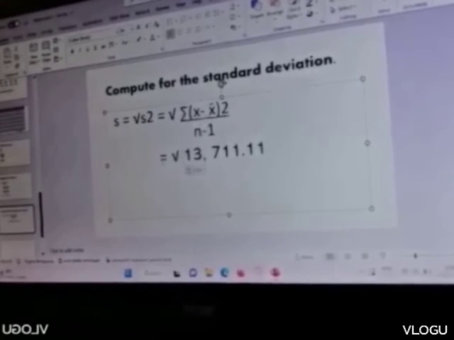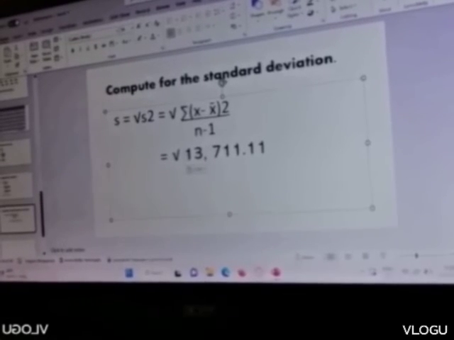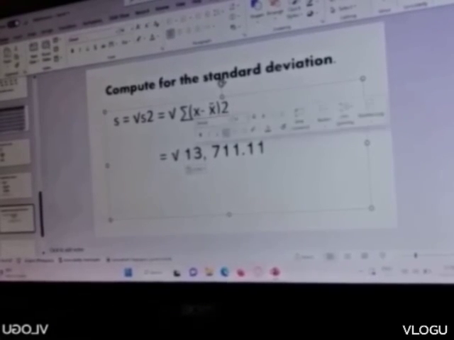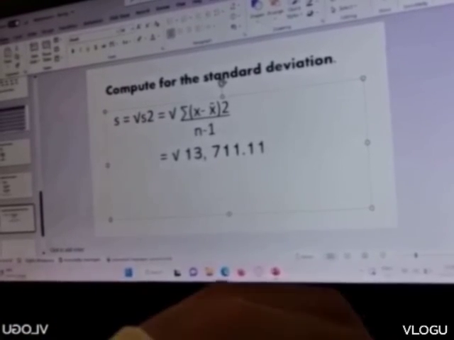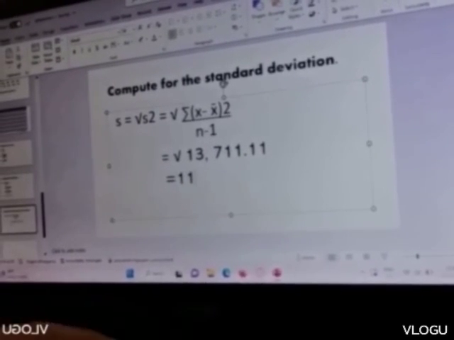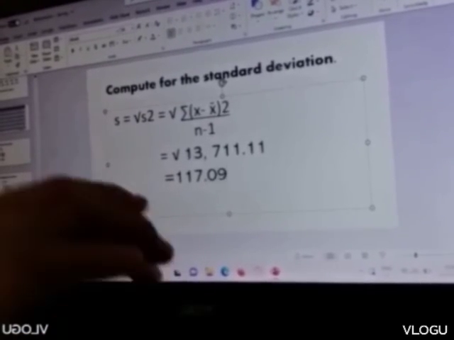So the square root of 13,711.11 is 117.09.